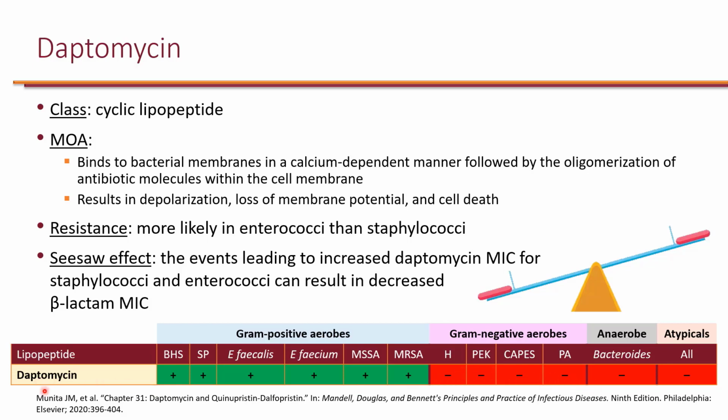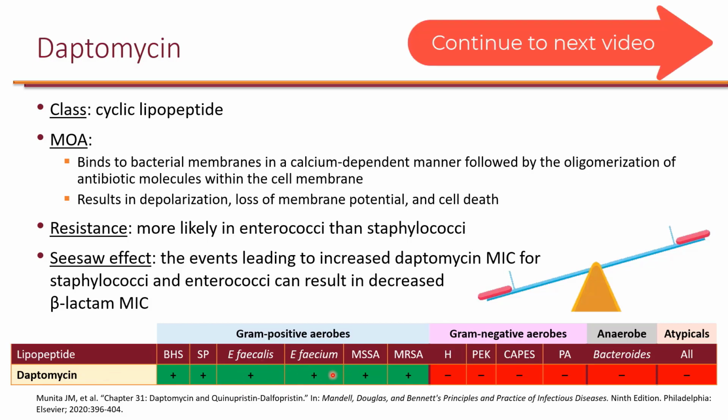So this is an antibiotic directed at gram-positives, including MRSA. So excellent activity against MRSA and all sorts of enterococcus, including VRE. So when we have vancomycin-resistant enterococcus, daptomycin would be one of the drugs that would have excellent activity.